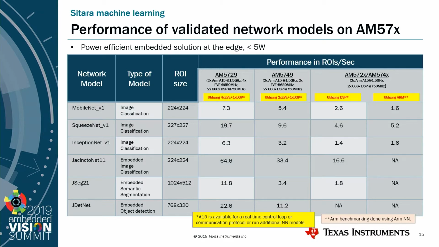So in our running of those models, we are just using one single DSP core and the 4 EVE subsystems here. On the AM5749, the performance is about half of what you get on AM5729. And then on the other processors, which are not 49 and 29, but other derivatives, they only have the DSP cores. So the models can run on the DSP or the ARM core.